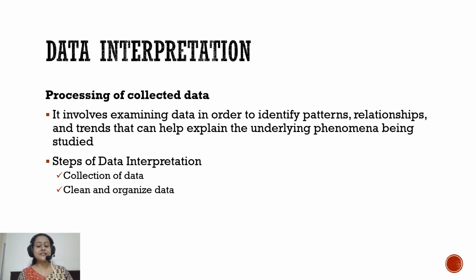Then once you have collected data, you have to clean it and organize it properly, otherwise you cannot interpret randomly collected data. So you have to organize it properly using various software. Then you have to analyze the data using statistical and mathematical tools, and finally, whatever result or outcome you get, you have to analyze that to make an informed decision. So our objective is to make informed decisions, and we can do this using these data interpretation steps.